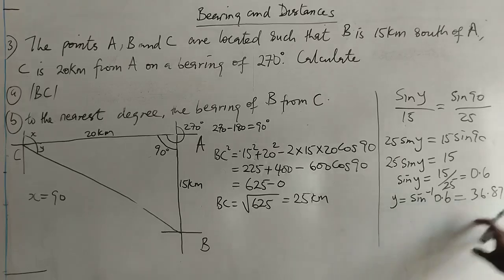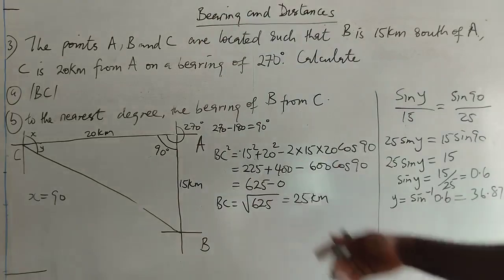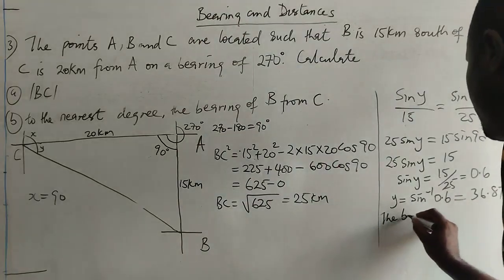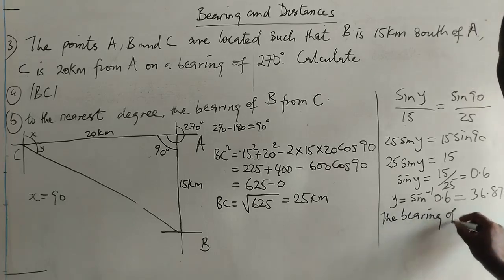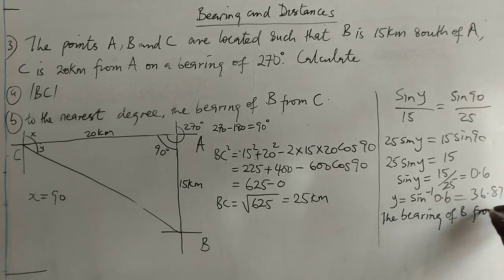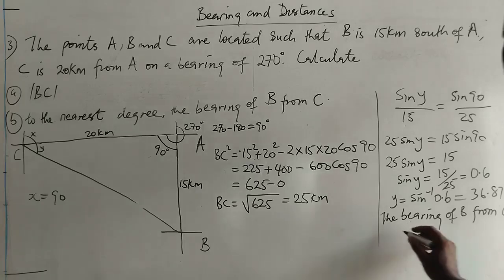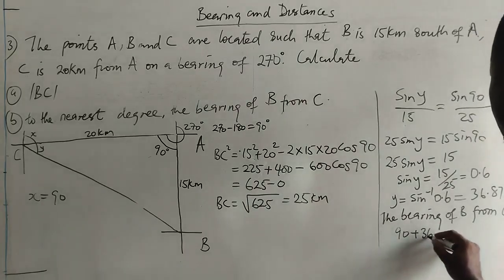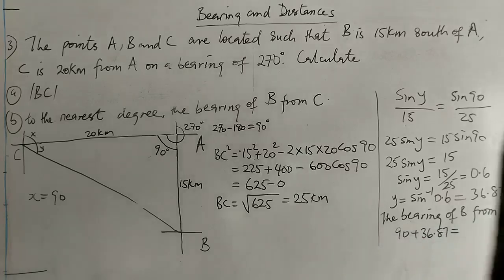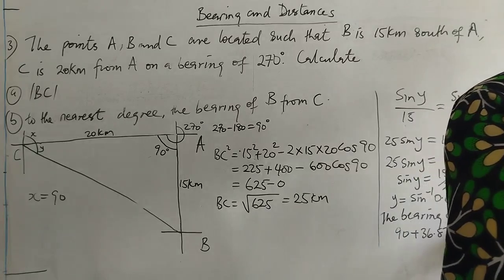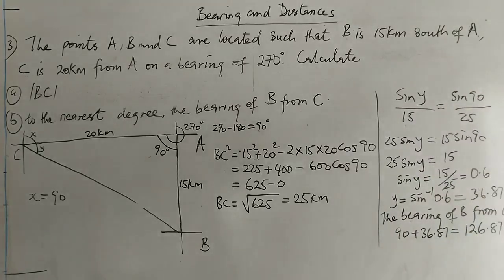So we have found our Y. So to find the bearing of B from C is equals to X plus Y, which is 90 plus 36.87. And that will give you 126.87. The question says correct to the nearest degree. So the nearest degree is 127 degrees.